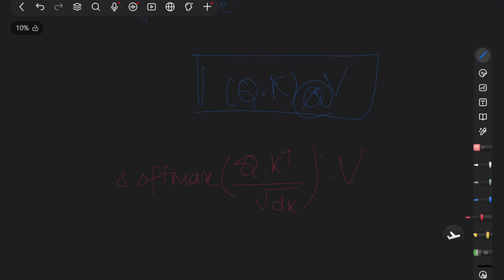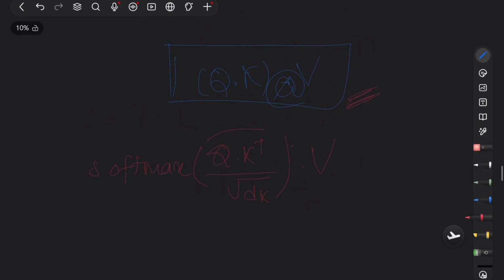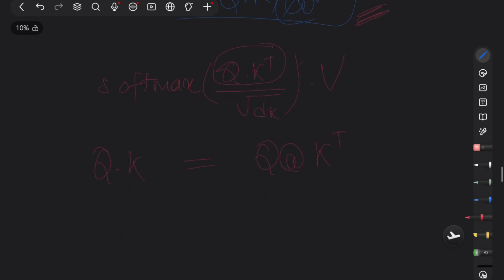So this is a little different from what I just wrote. Let me explain what is different and what is happening here. So let's start with this upper term. What I wrote, query dot product k, is query multiplied by key vectors matrix transpose. So these two terms are equivalent.